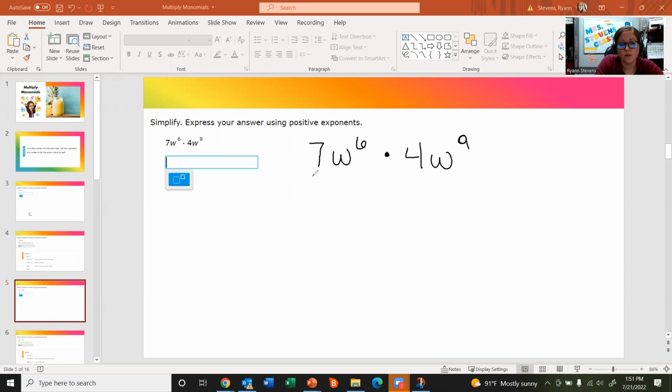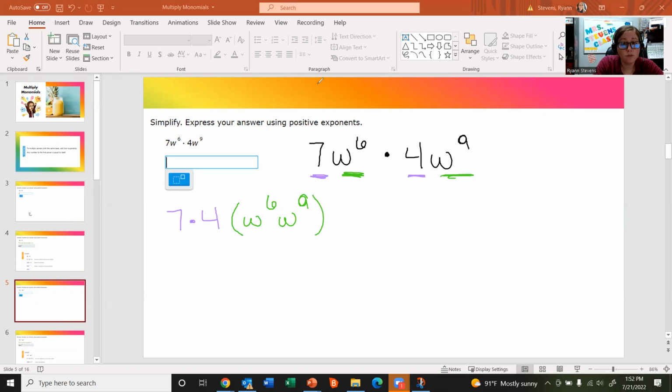So our coefficients are 7 and 4. So we're going to say 7 times 4. And then our variables are going to be w to the 6th power and w to the 9th power. And since they are the same variable, we can actually write this as w to the 6th, w to the 9th.